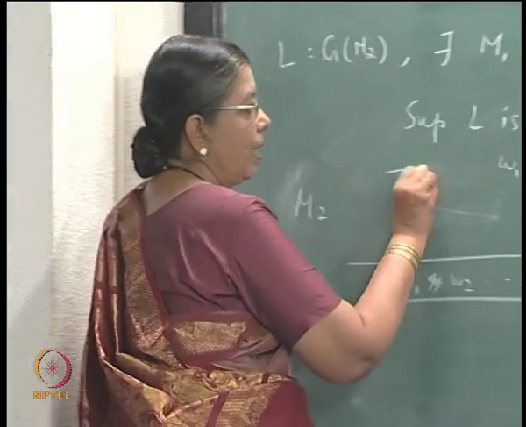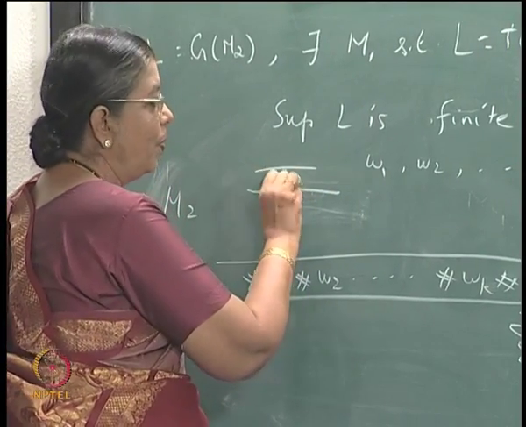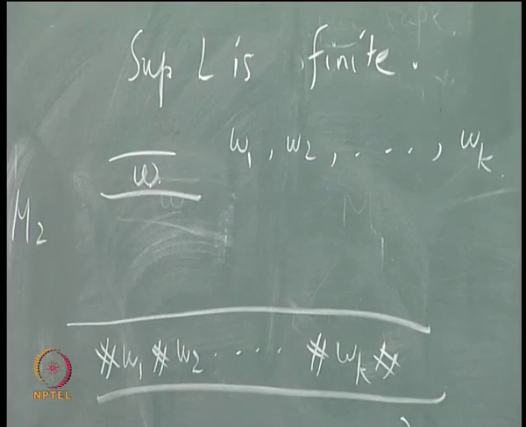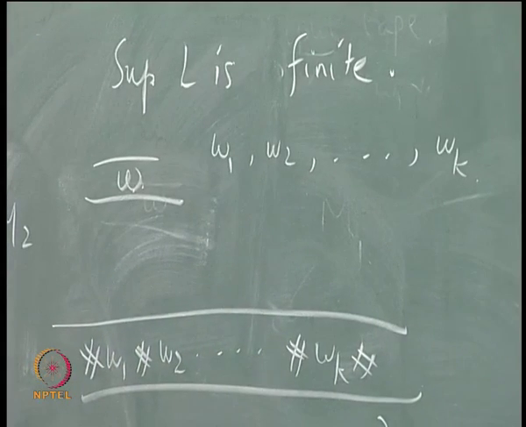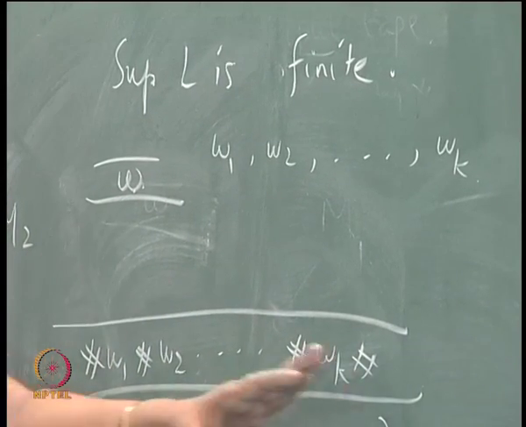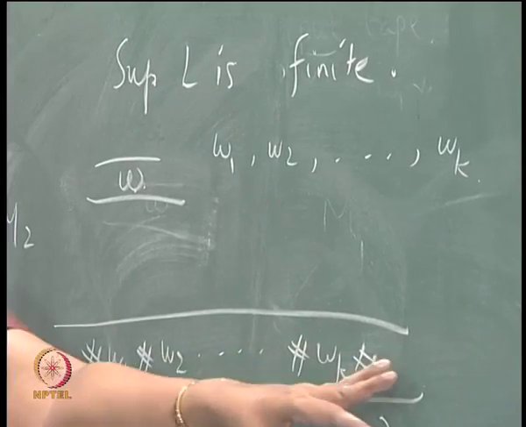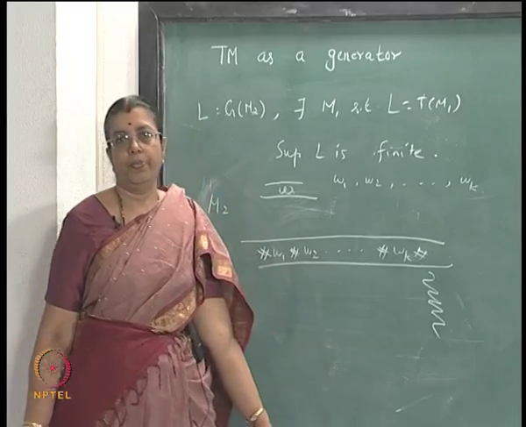Because given some string W which is greater than Wk, W occurs after Wk in the enumeration, then neither W will be printed here, nor something greater than W will be printed here. After printing Wk, it gets into a loop.